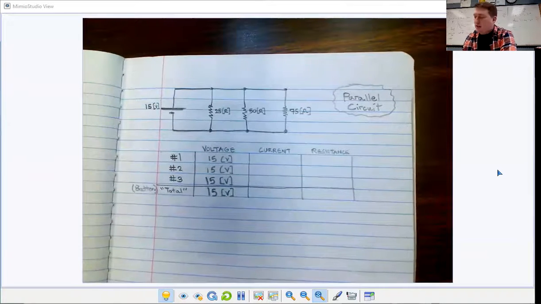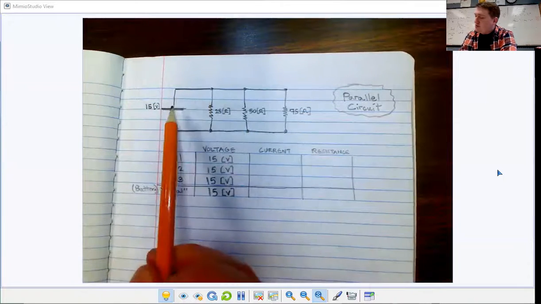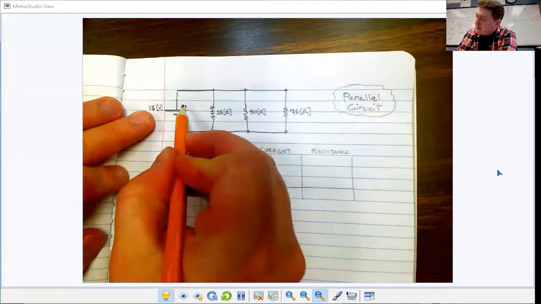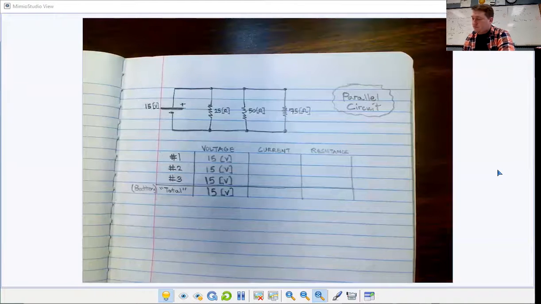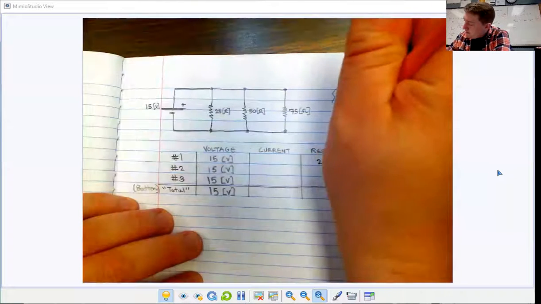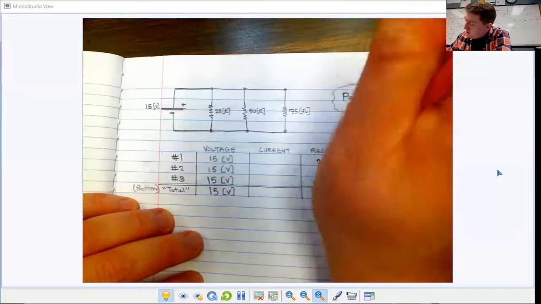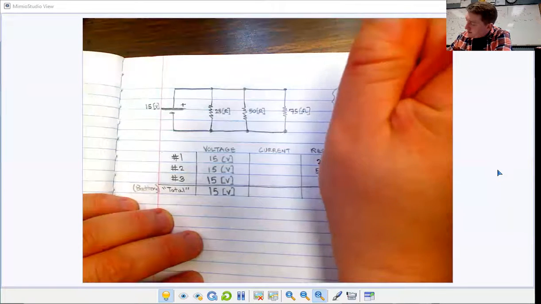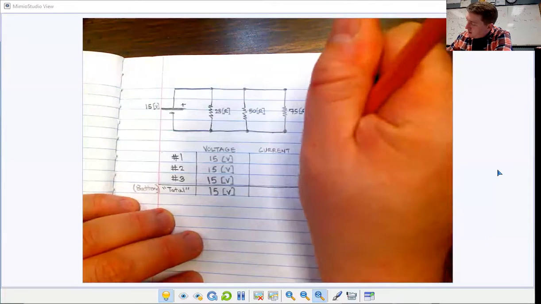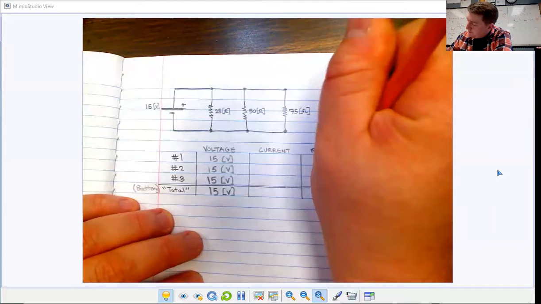This is because each light bulb is attached directly to the positive end of the battery. I'm going to write now all of the resistances of the light bulbs.